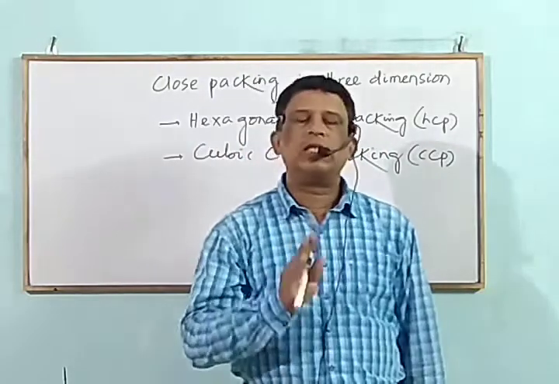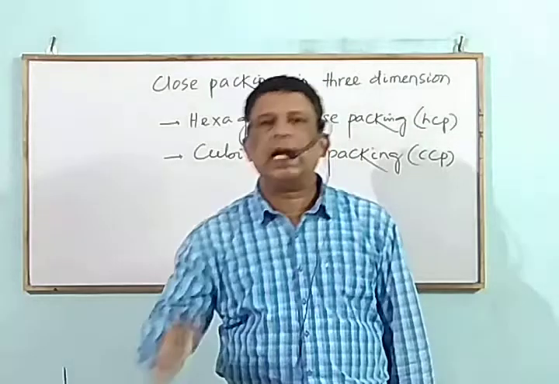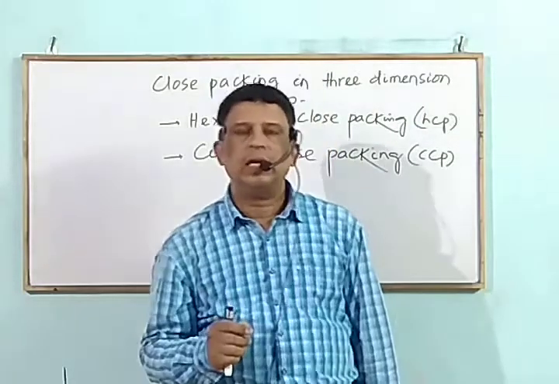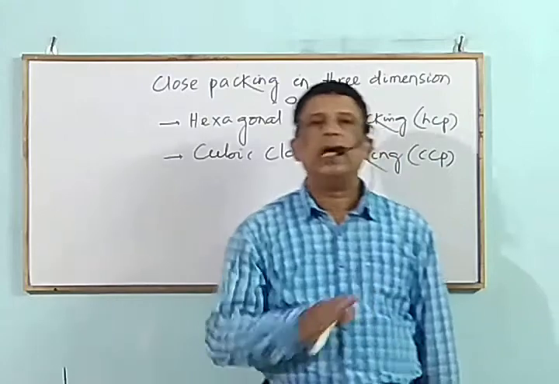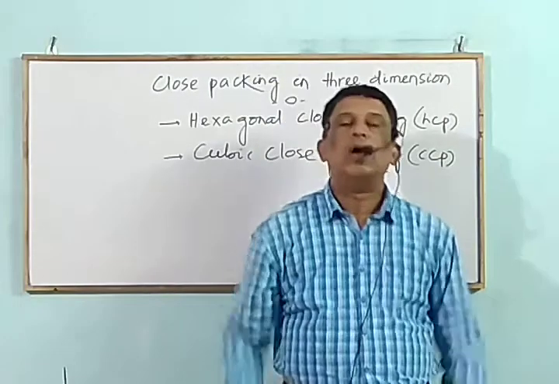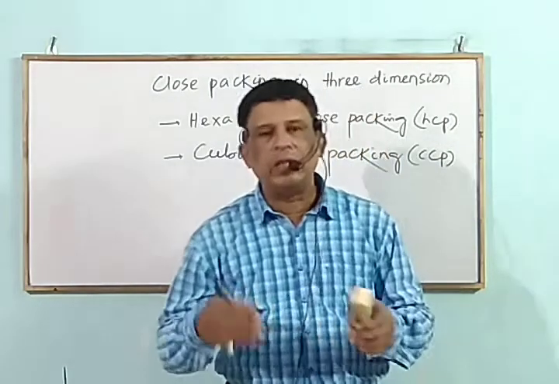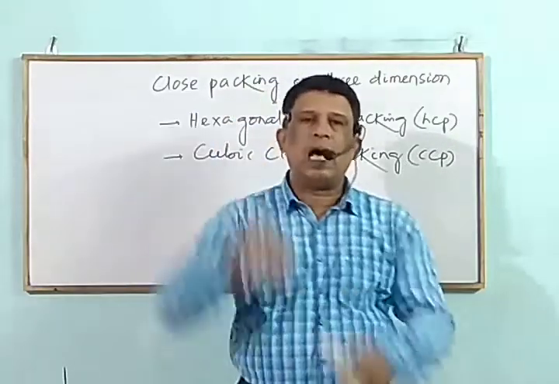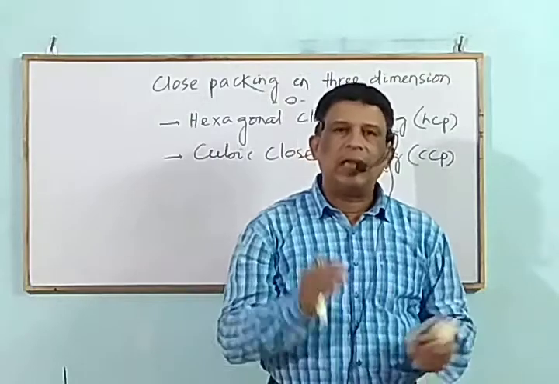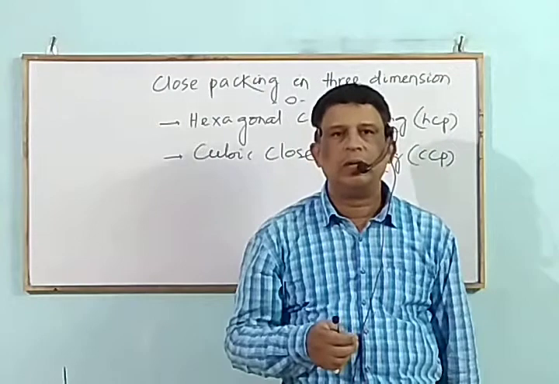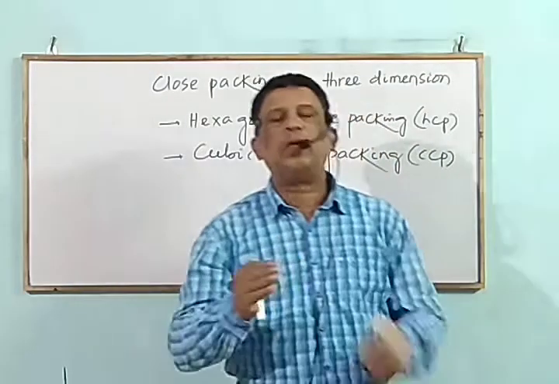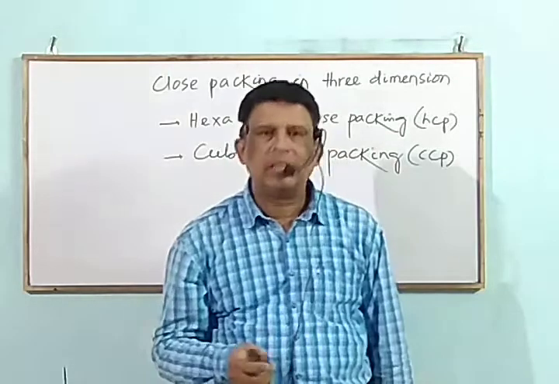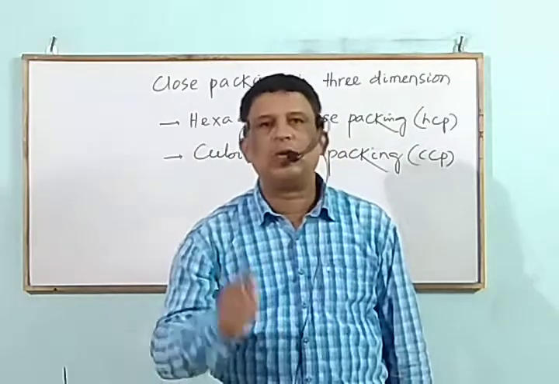When the spheres are arranged in length and breadth, then a plane is formed. When different planes are arranged one after another, then another edge or height is formed. This type of close packing is known as three-dimensional close packing.